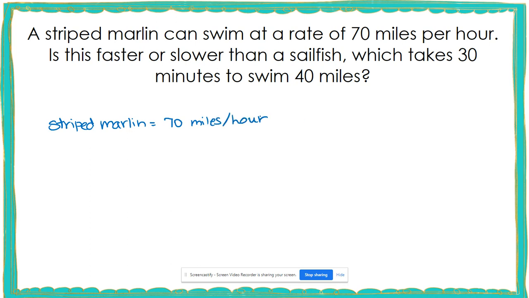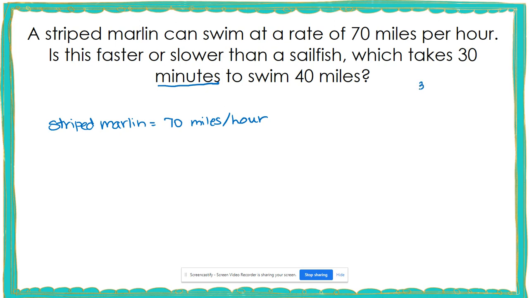So to be able to compare it to the sailfish, we need to find out how many miles per hour the sailfish can travel. The information for the sailfish says that it travels 40 miles in 30 minutes. Well, I need to change that to hours so that I can compare it to my striped marlin.